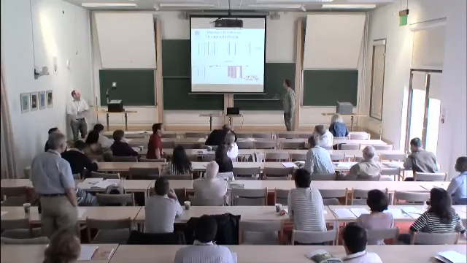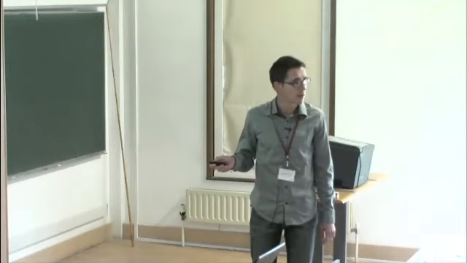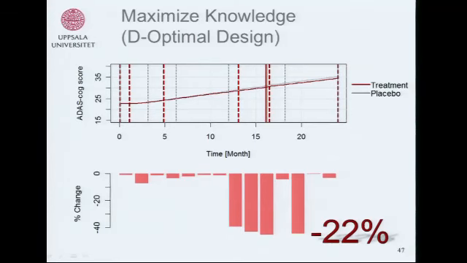Just a second. The reason that these two criteria are not behaving the same here is that D-optimality focuses on those placebo parameters, which don't matter for the power. So in order to decide if I have a drug effect or not, I don't have to have precise information about placebo. That's the reason why they are so different.